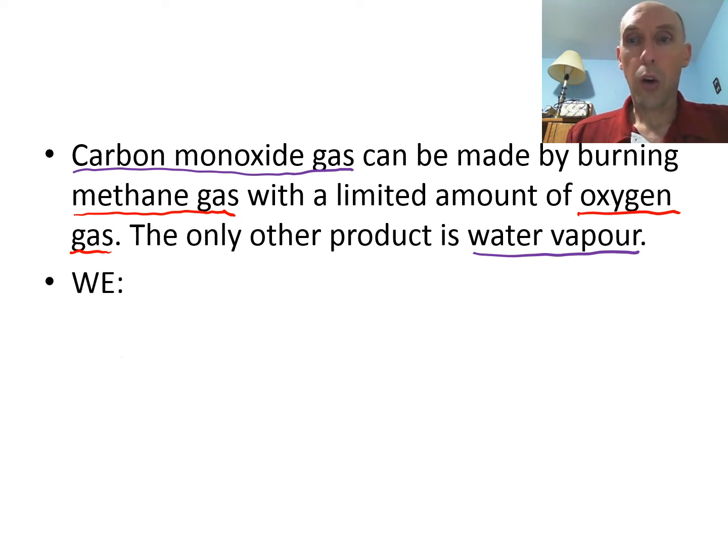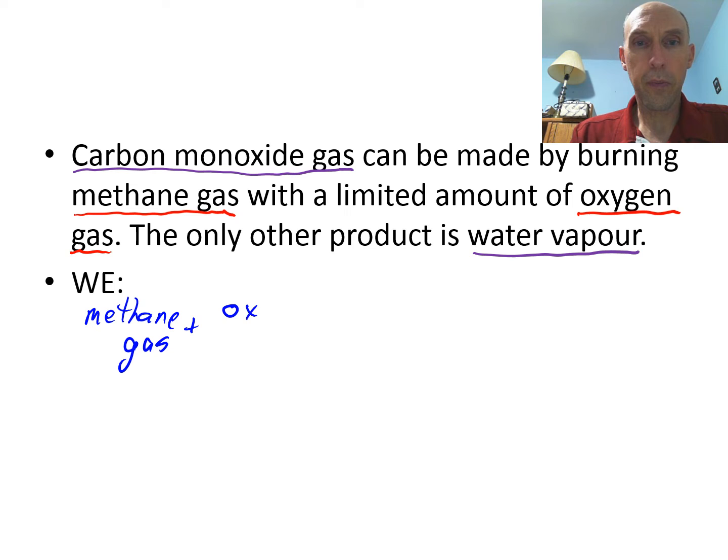So our word equation. I'm going to start with the first reactant. That's methane gas plus oxygen gas produces, and I'm going to list the first product we've got, carbon monoxide.